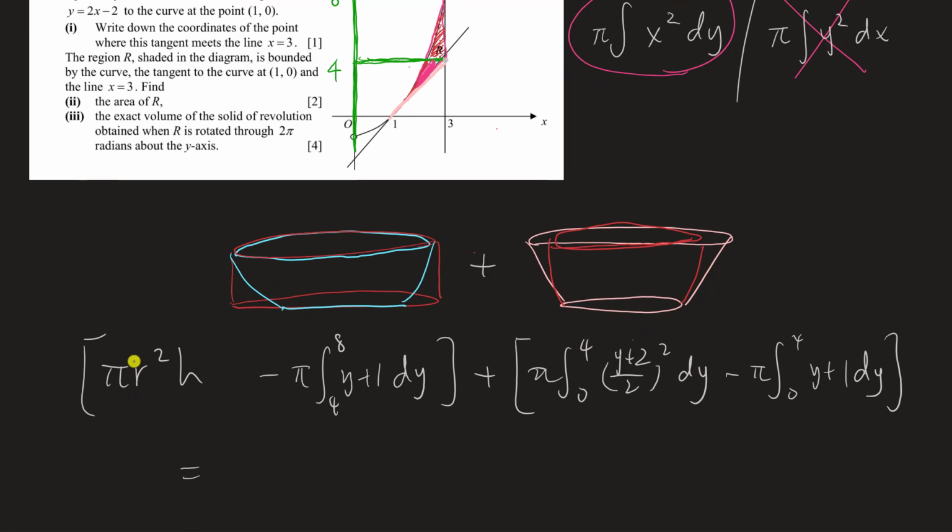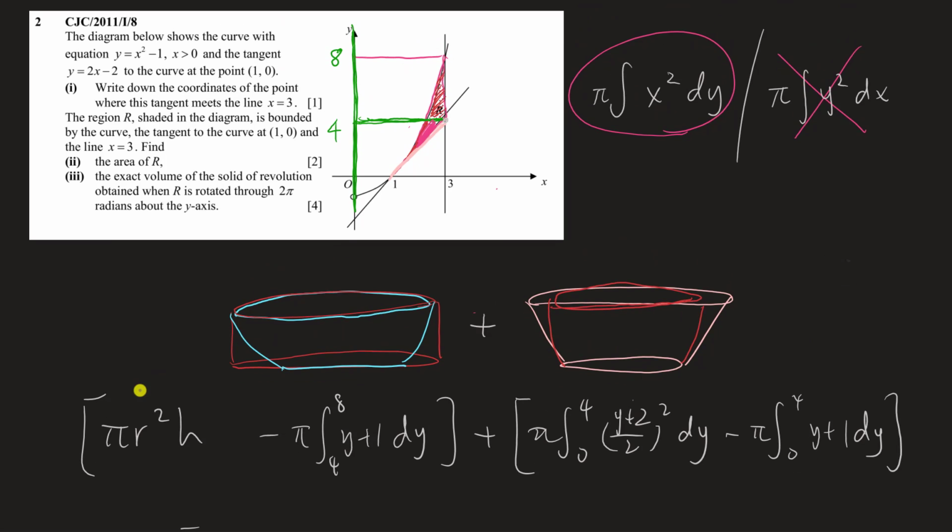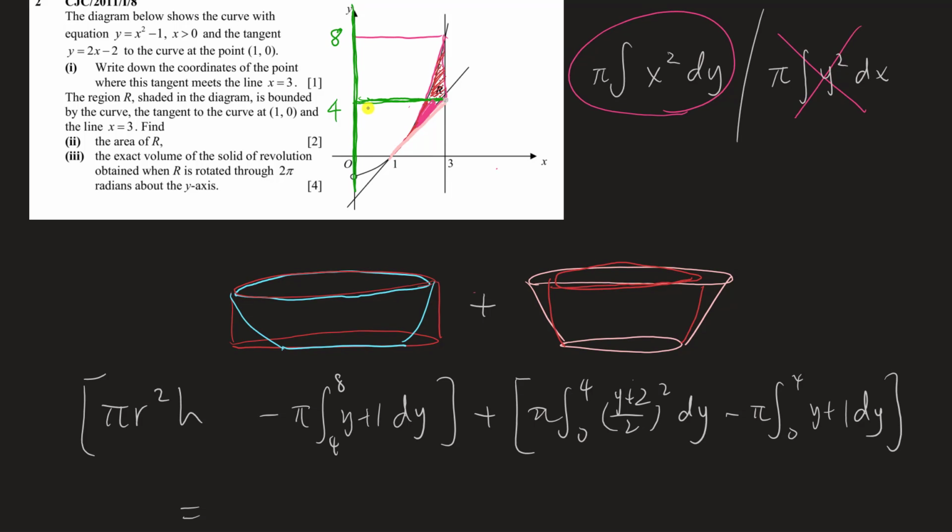First of all, find the cylinder. The cylinder is pi r squared h. R is 3. The height is 4. So pi times 3 squared times 4 will give me 36.